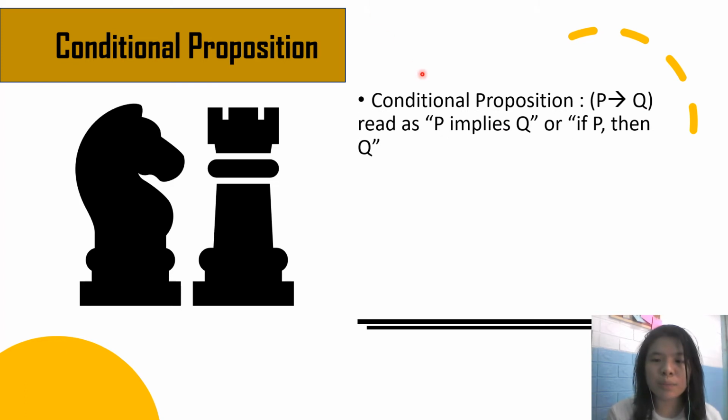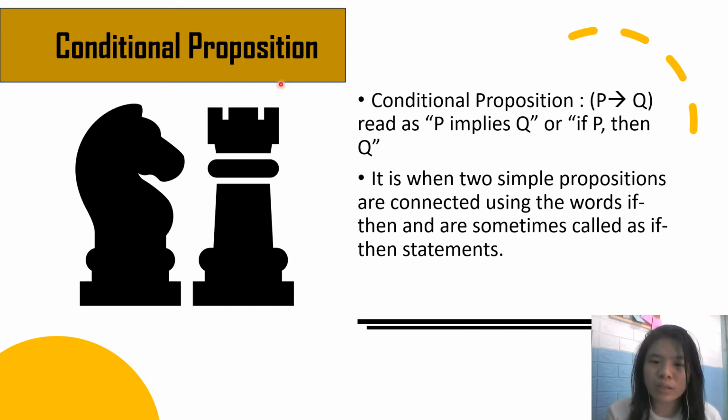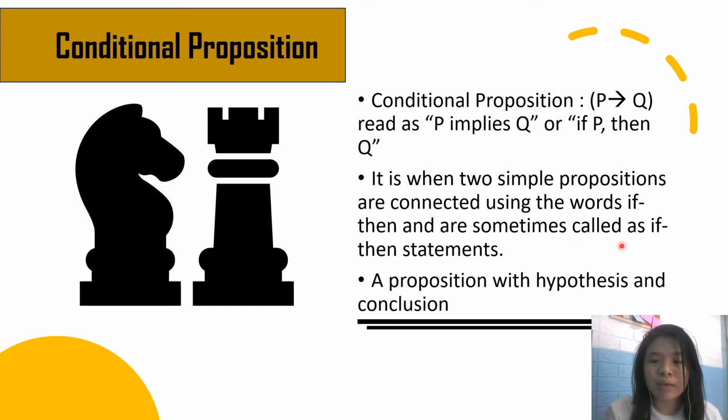A conditional proposition with the symbol P arrow Q is read as P implies Q or if P, then Q. A conditional proposition is presented when two simple propositions are connected using the words if, then, and is sometimes called an if-then statement. The if part is the hypothesis and the then part is called the conclusion.